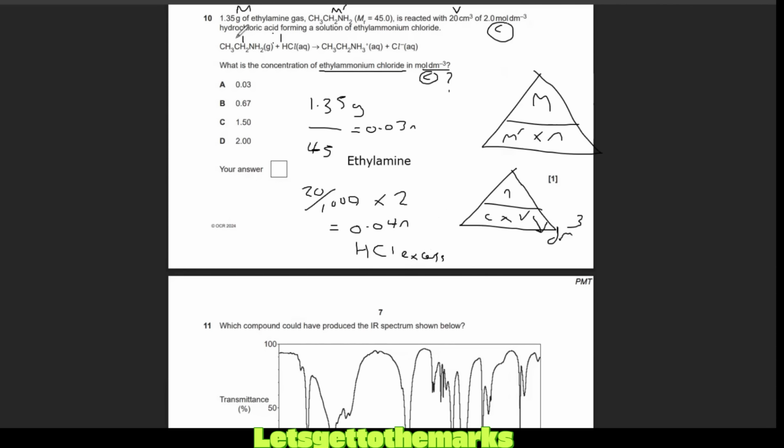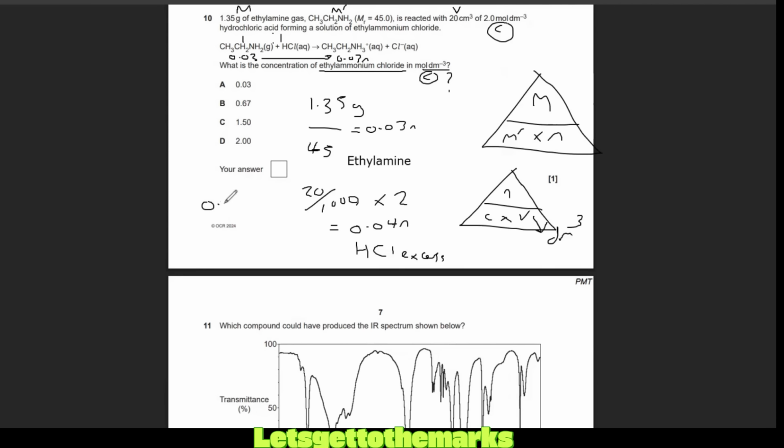So I'm going to use this, as I know that all of that will be used up. This is the limiting reagent, which is ethylamine, the one that we can use to find out the maximum amount of ethyl ammonium chloride we can make. As it's 1 to 1, it's going to be 0.03 moles of ethyl ammonium chloride. Now I know I've got 0.03. It's asking me for the concentration, C. So I've got n, I've got C. What's V?